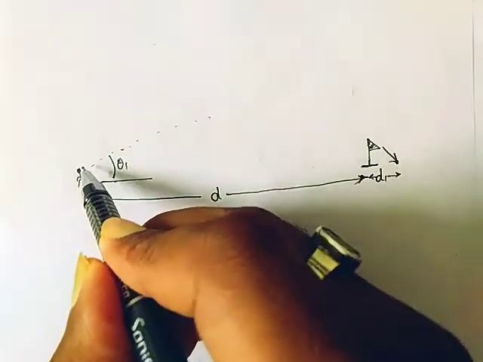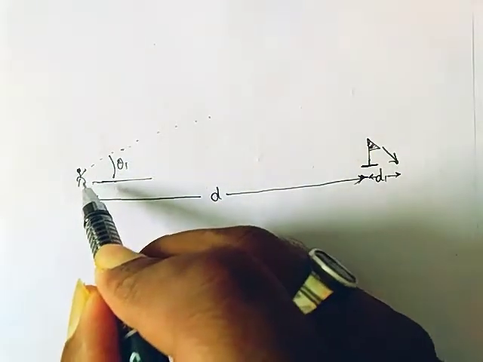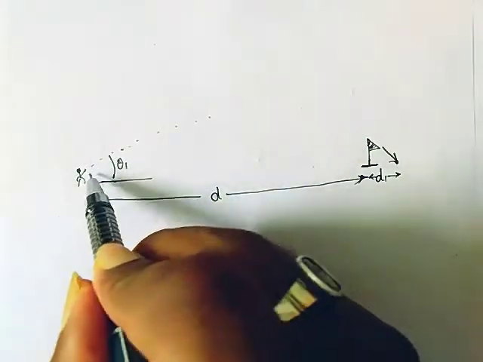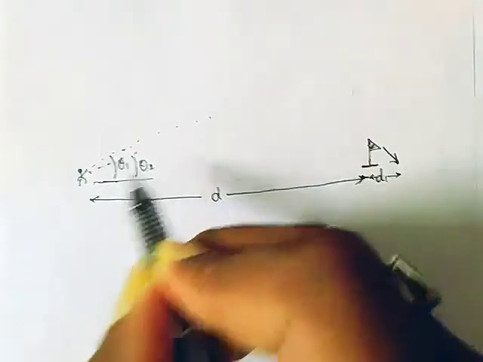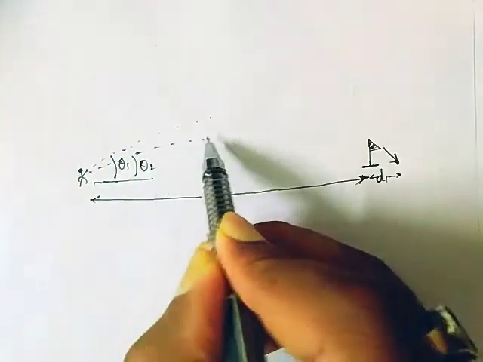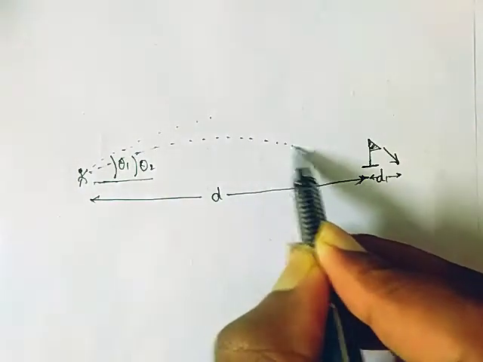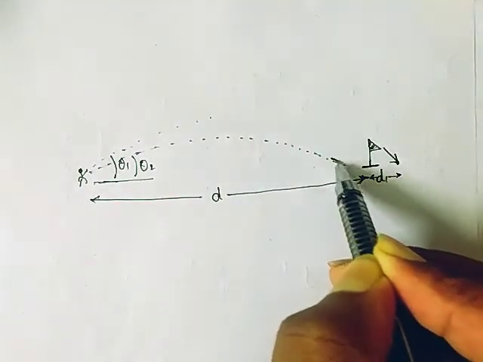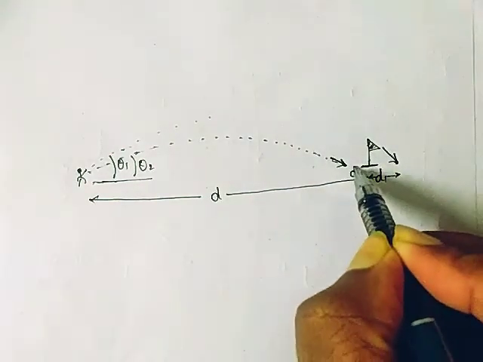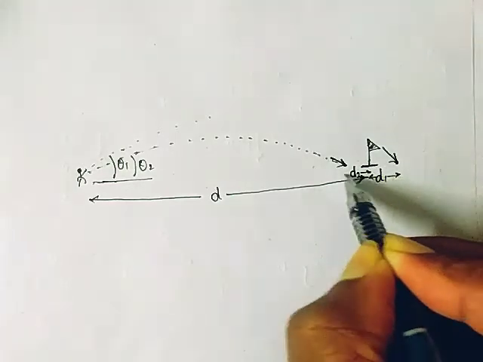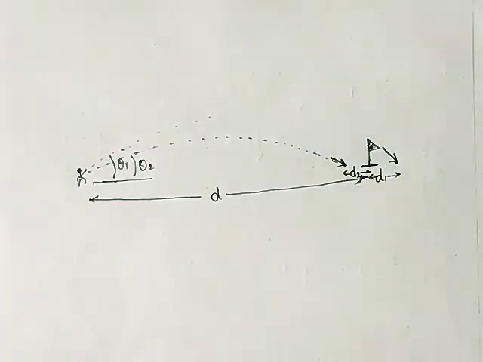Now let us consider he changes his angle and throws by making an angle, say, theta 2. If he throws at an angle theta 2, again it misses the target and the javelin strikes here. Say this distance of the target from the point it strikes is d2.